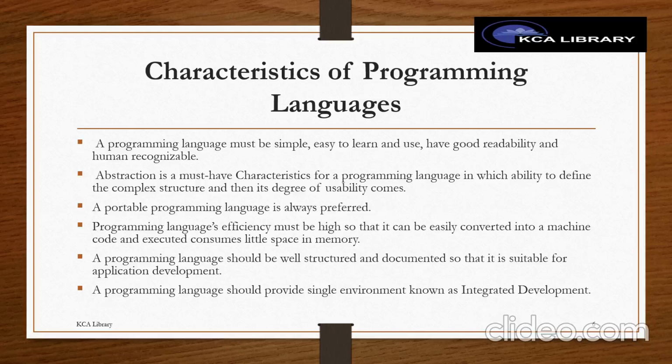Then let us look at the characteristics of programming languages. First, a programming language must be simple. It must be easy to learn and use. It should have good readability and should be human recognizable. Also, abstraction is a must-have characteristic, which is the ability to define complex structure, and then its degree of usability comes. Another characteristic is that a programming language should be portable.